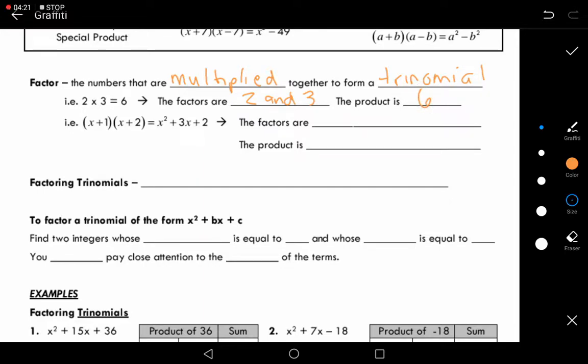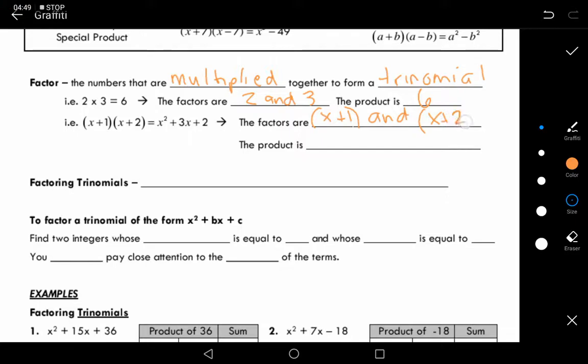Okay, so obviously that makes sense with just 2 and 3, but we can also have factors that are binomials. Those binomials would include variables. So for this next example, we have x plus 1 times x plus 2 equals x squared plus 3x plus 2. So the factors here are x plus 1 and x plus 2, those numbers that you're multiplying together.